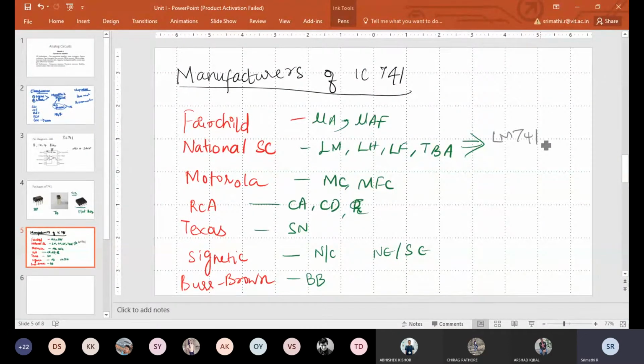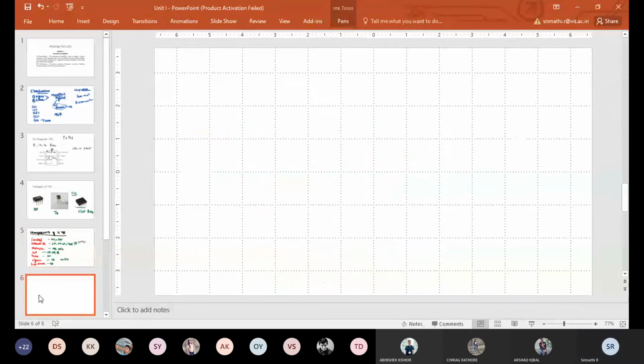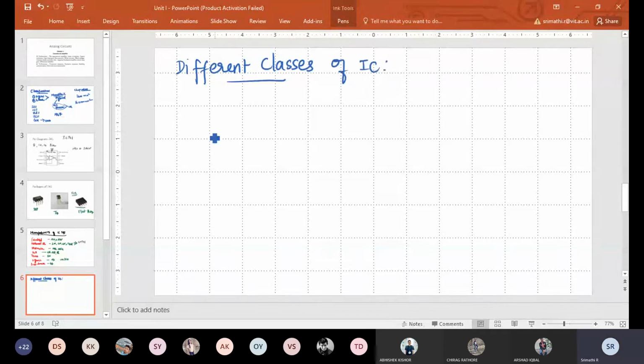And you will have different grades or classes of ICs. The first one is the military grade op-amp, that is 741. The second one, 741C, is the commercial grade op-amp.